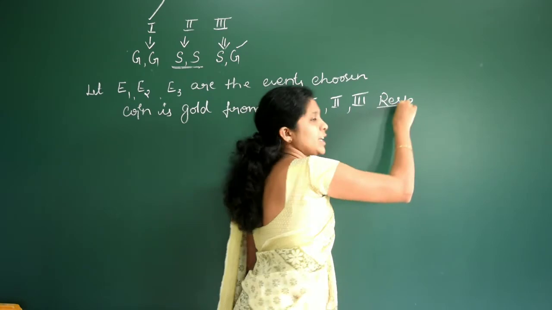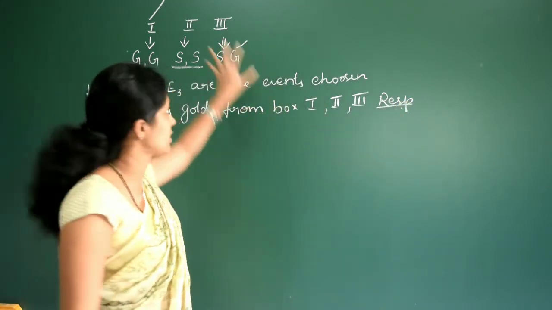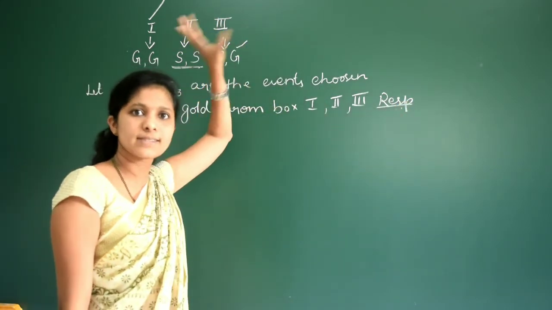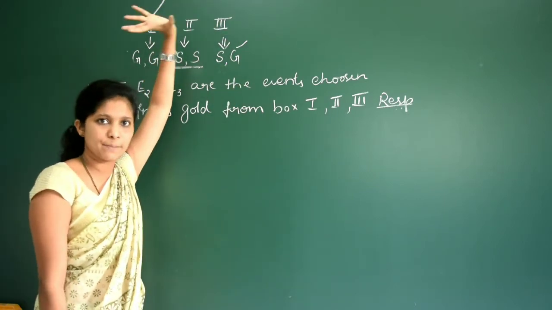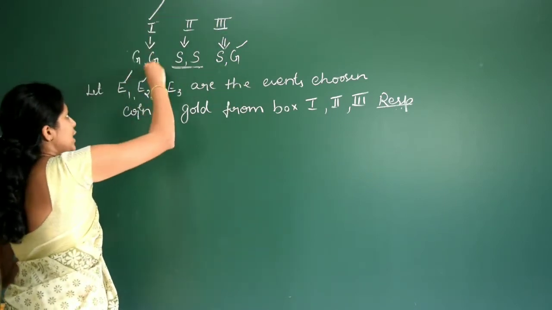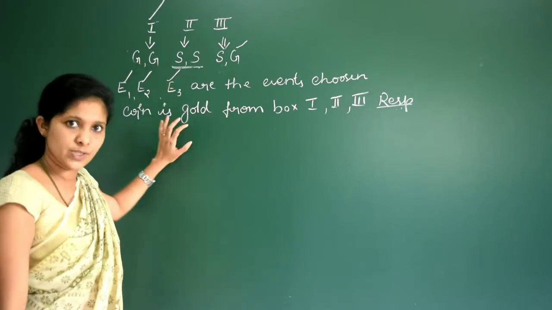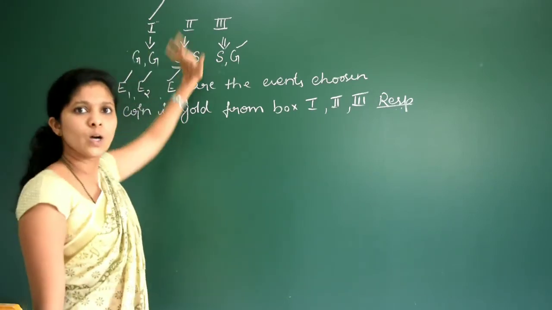Okay, E1, E2, E3, three boxes are there. This forms a sample space. The union of these are the partitions of the sample space. So we have considered E1, E2, E3 as the events of choosing boxes 1, 2 and 3.